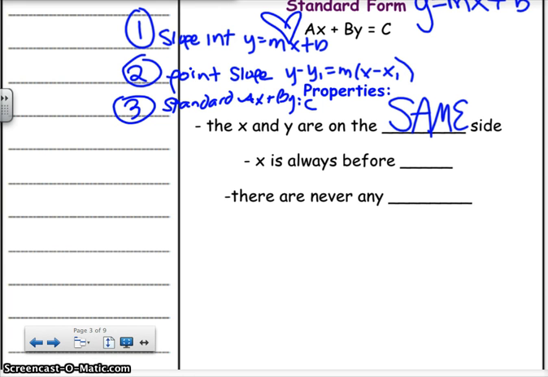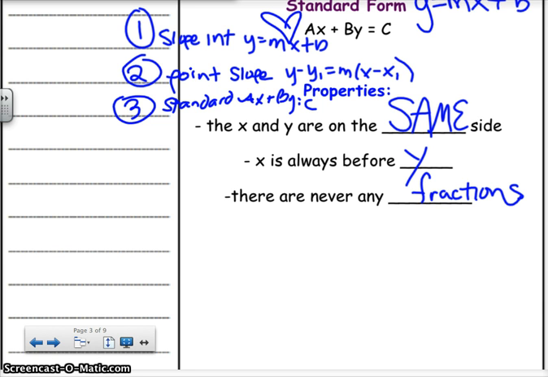The x is always before the y, always. You always have to have the x before the y. And there are never any fractions. If there are, you need to get rid of them. And that's more later in this lesson.